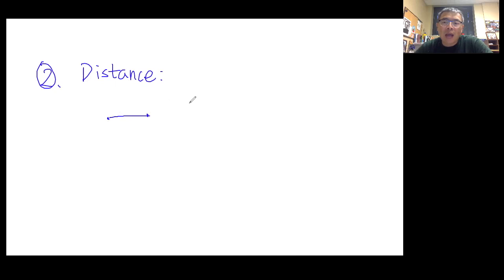Now, how do you calculate this distance? There are all kinds of ways to talk about it. But one thing you may need to know is, in a two-dimensional coordinate system, you have one point like here, and you want to measure the distance from the origin to that point. Let's say you want the distance from O to A, and the coordinates of A are 3.5 and 1.5. How do you calculate the distance from A to O?